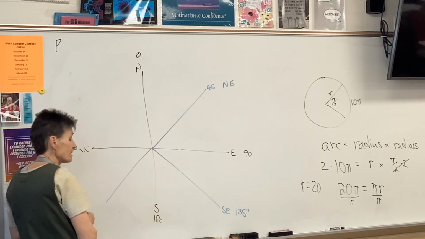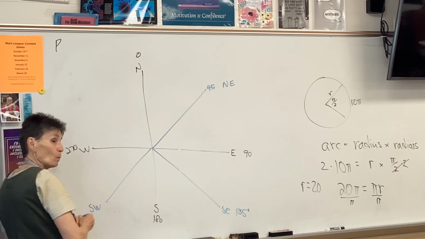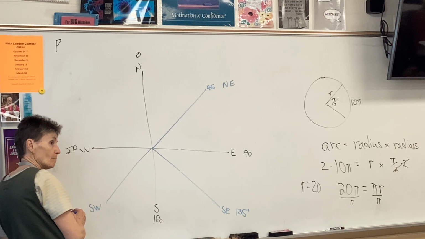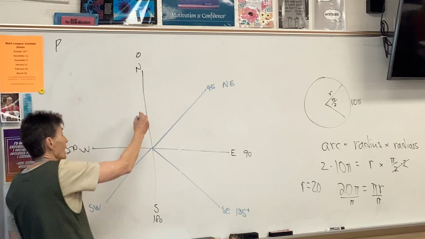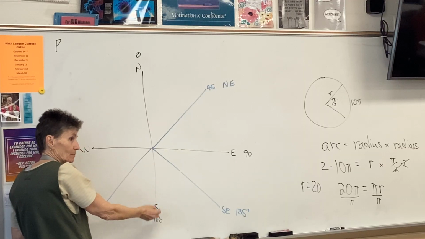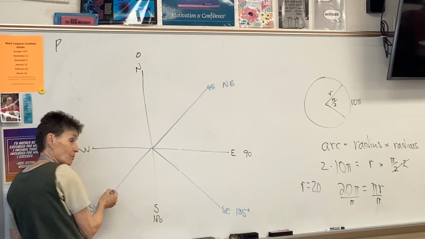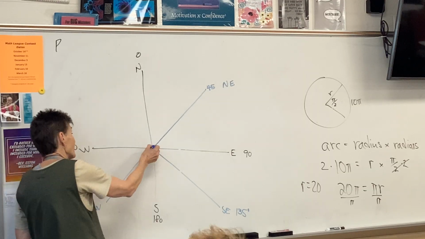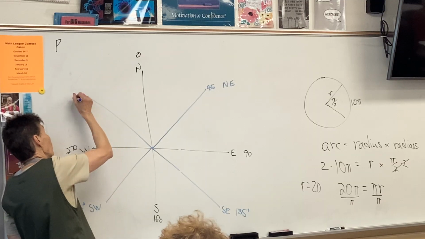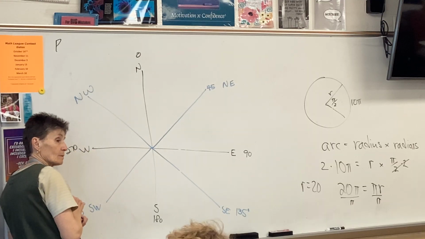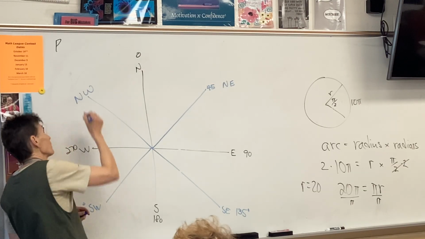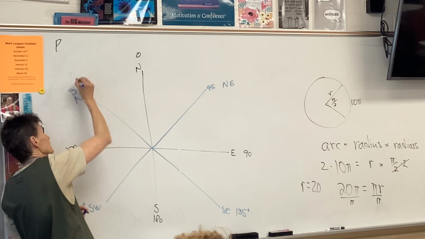All right, what's this guy? This guy would be southwest. And what would his measure be? Hey guys, how far is it down to south? 180? And then another 45? So 225. And then how about northwest? 315, I heard somebody say it, 315 degrees, that's right.